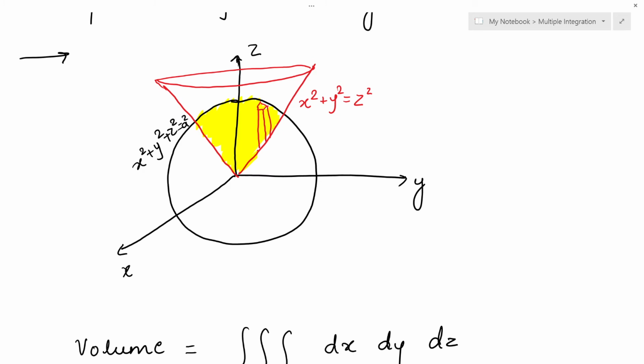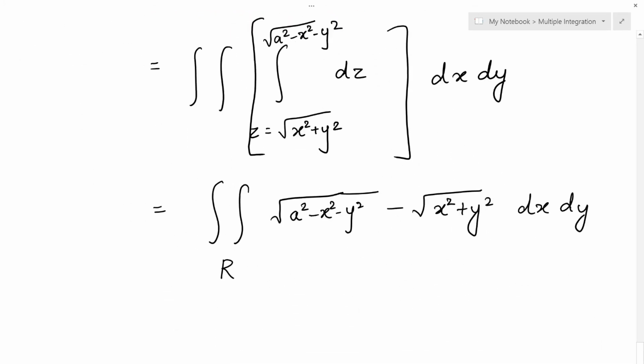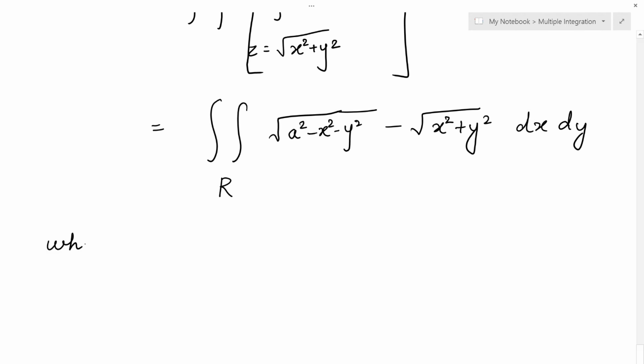If you substitute this z square value, this becomes 2 times x square plus y square, which is nothing but a square. So x square plus y square is a square by 2, right? So that will be a circle, of course. If you convert into double, that will be a circle, and the circle radius is a by root 2 if you look at it properly. So this is nothing but region R, which is a circle.